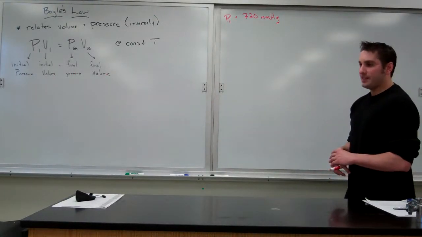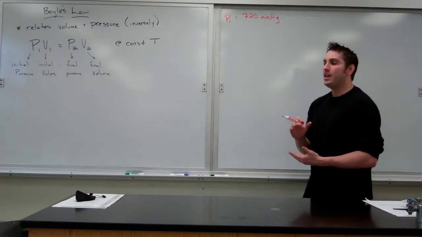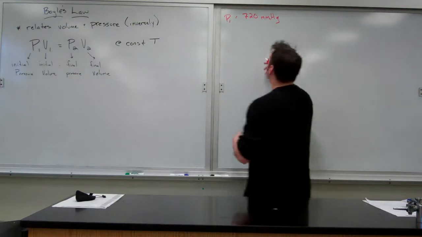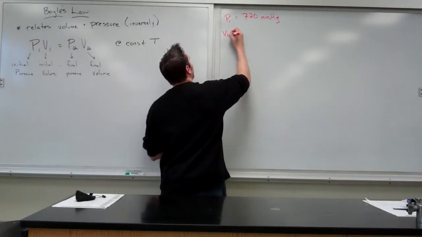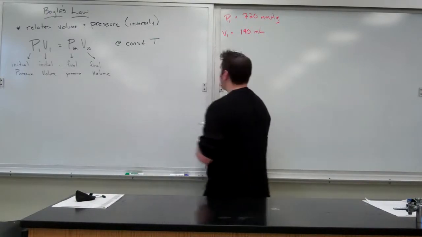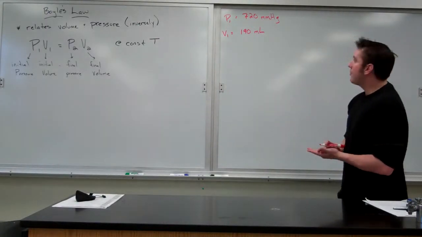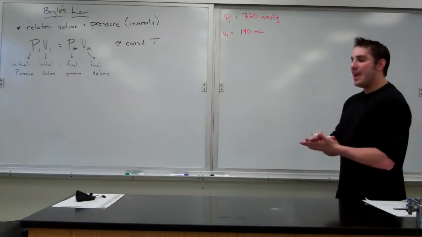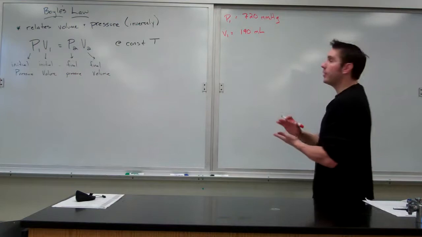The second number I see is 190 milliliters. Milliliters measures volume. So I will call that V1. Third number I see is 0.92 atm. ATM is a different way of measuring pressure.